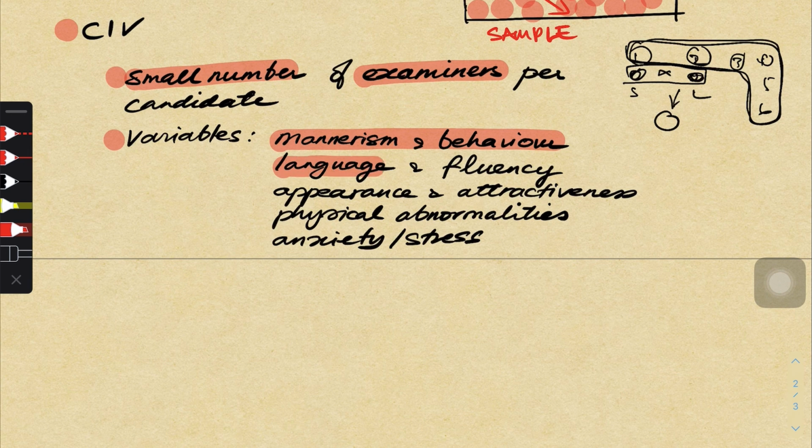Their language and fluency: the more fluent they are in their communication, the higher the chances they will get higher marks. Appearance, attractiveness, physical abnormalities tend to be negatively associated with results. Anxiety and stress: two equally competent candidates, one is relaxed, the other is stressed, so there are higher chances for them to have different ratings. So these are the variables which contribute to the CIV threat to validity.